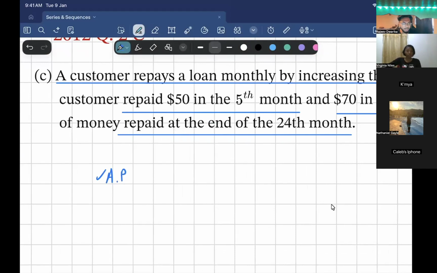Virginia, do you know the formulas for AP? Okay, so a + (n - 1)d. That would be the formula to figure out what term it is, exactly. We use it to generate each term. So a_n, the nth term, is a + (n - 1)d. Nathaniel, there's another formula we use for AP.